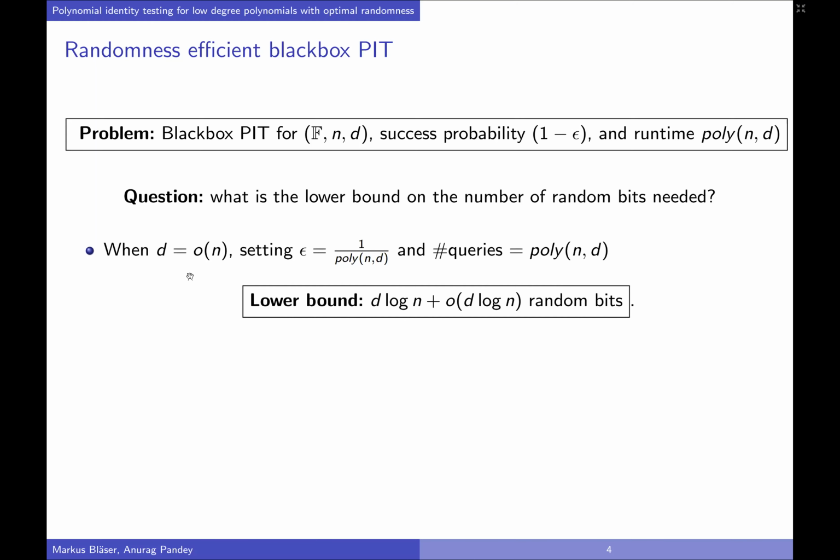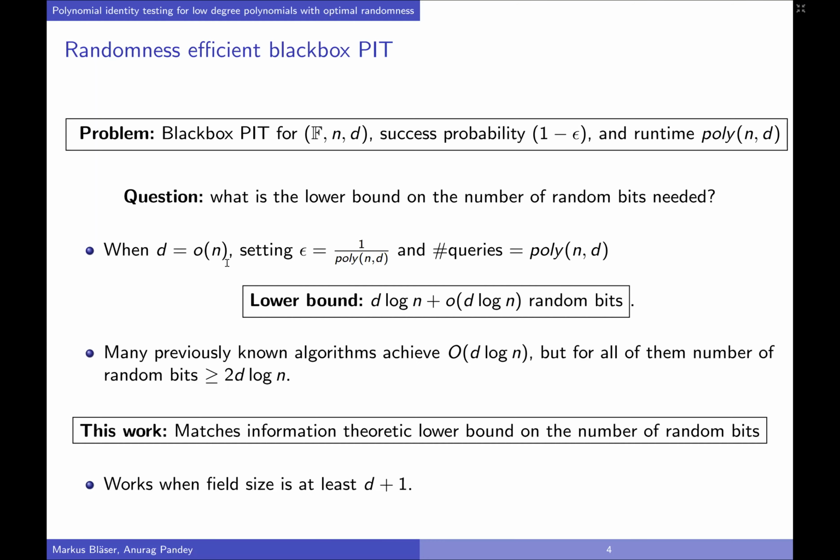And note that we are interested only in the low degree regime here, because in the high degree regime, there are already algorithms which use the optimal number of random bits. And in this low degree regime, there are many algorithms which achieve order d log n, but all of them are a constant factor away from this information theoretic lower bound. And this is what we try to bridge.